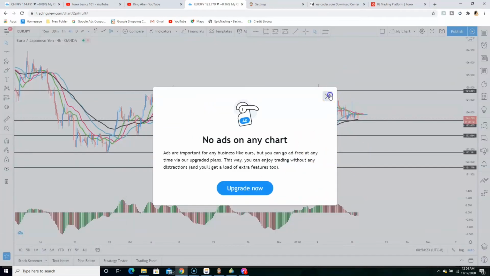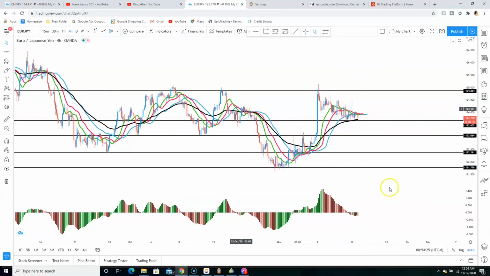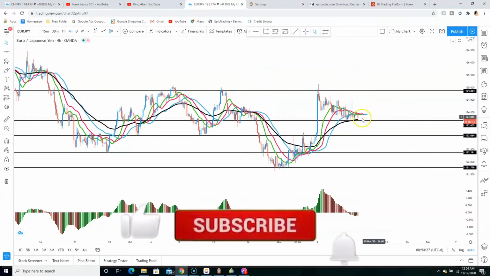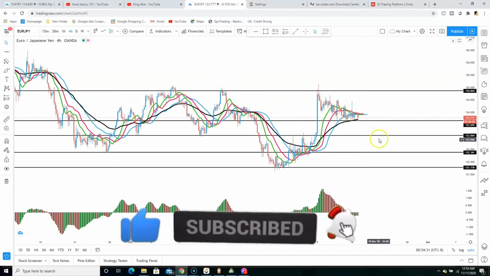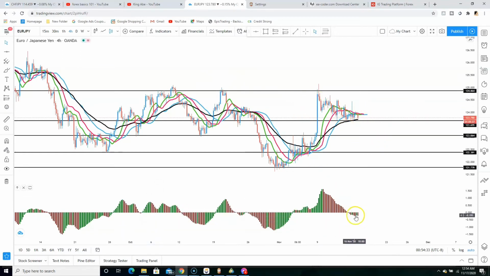Based on what we're looking at, there's a possibility that JPY is gonna sell, and you can see the histogram. There are green bars in between the red. That signifies consolidation. It means it's consolidating.